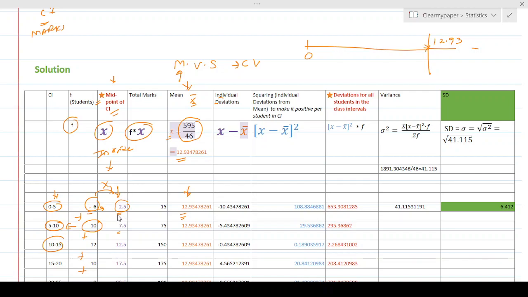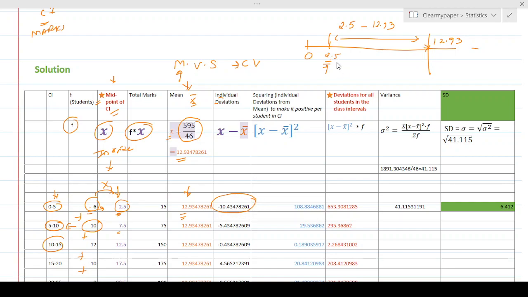For example, my first midpoint is 2.5. If one student scores 2.5, the individual deviation of this student's score from the mean is the difference between the two. Whatever 2.5 minus 12.5 is, on the number line this student is that much distance away, which is minus 10.434.